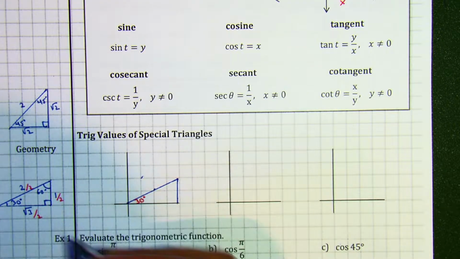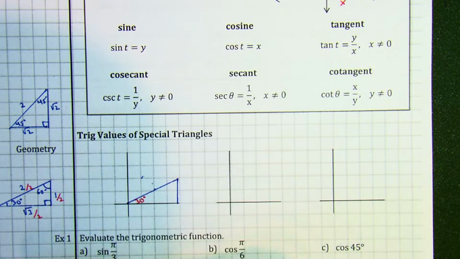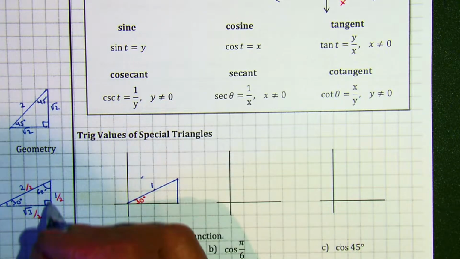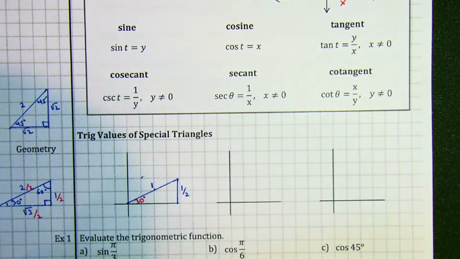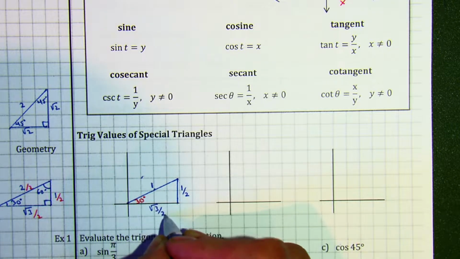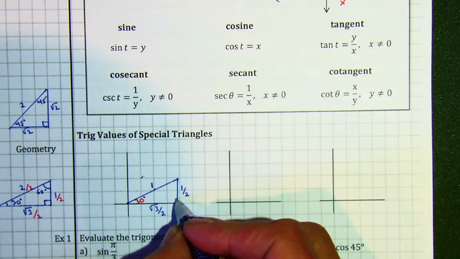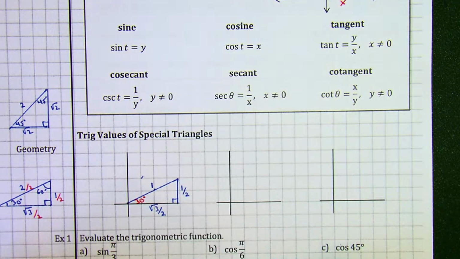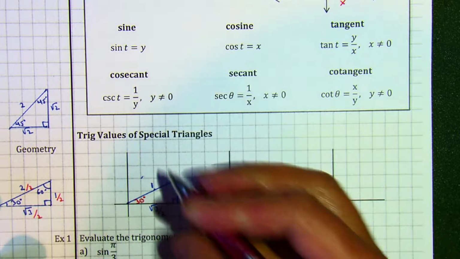So therefore, 2 divided by 2 is 1. Your shorter side will be 1/2, and your longer side will be square root of 3 over 2. Your hypotenuse is always going to be 1 because we are going to be talking about a unit circle, 1 unit. Now, this is your 30 degrees.